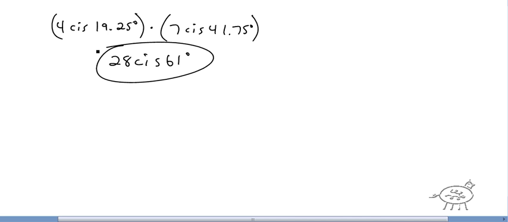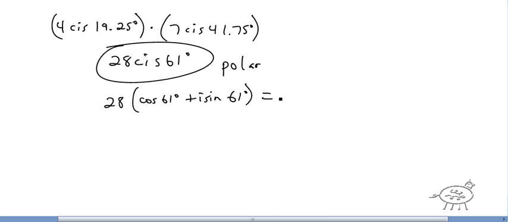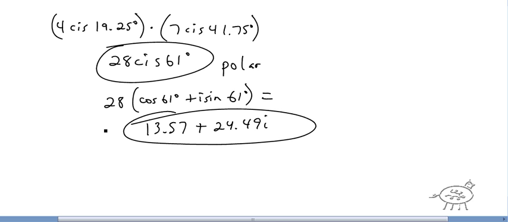So of course, if I'm not going to let you use a calculator, you'd be done, and I would just ask you for the polar form. Now, if I ask you for the rectangular form, you're just going to type in your calculator. So it's 28 times cosine 61 degrees plus i sine of 61 degrees. And you multiply all that out, and you get 13.57 plus 24.49i. That's it with your calculator.